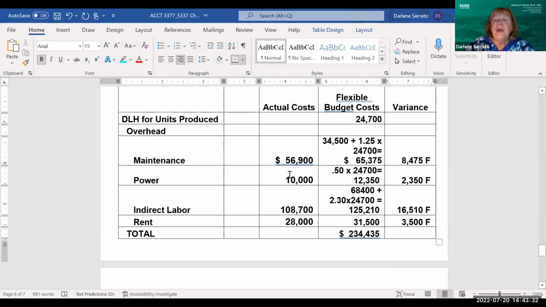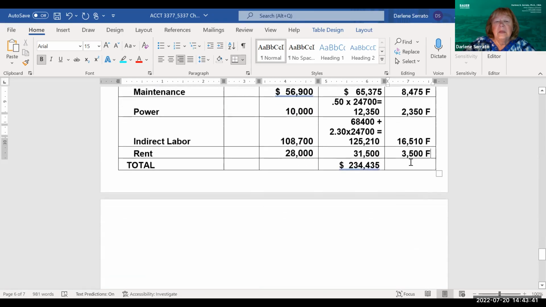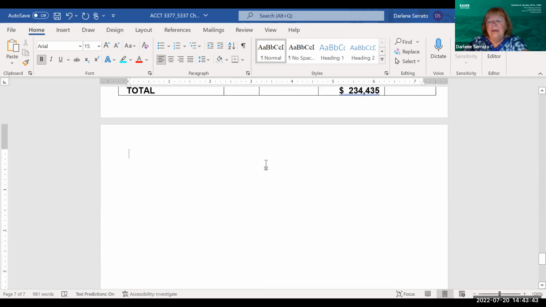We have to do it that way because that's how they gave us the actual cost. So that is chapter 8. We need to know the flexible budget because we're going to be using the overhead flexible budget when we do variances in chapter 9.